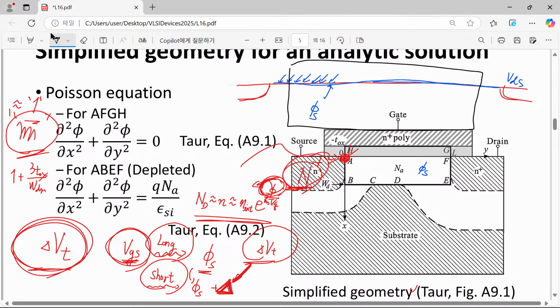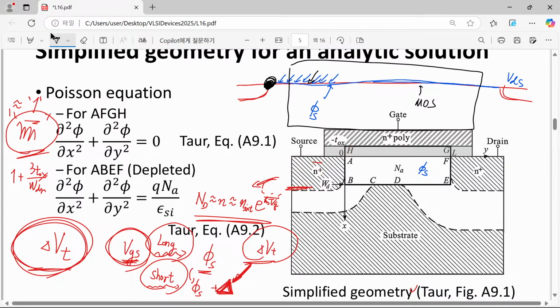That was our assumption, and the channel part was just treated as a simple MOS capacitor. That was the situation. But now we are not talking about this part, but about this point, and this point should be regarded as a part of the n plus source or n plus drain.